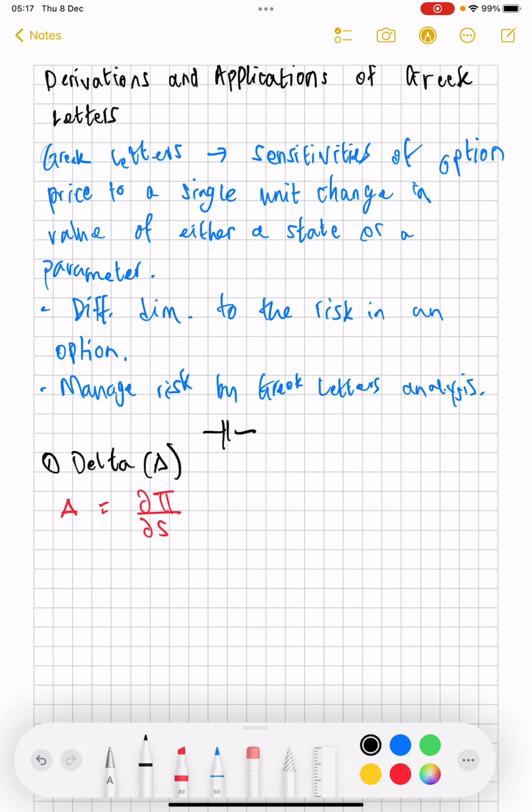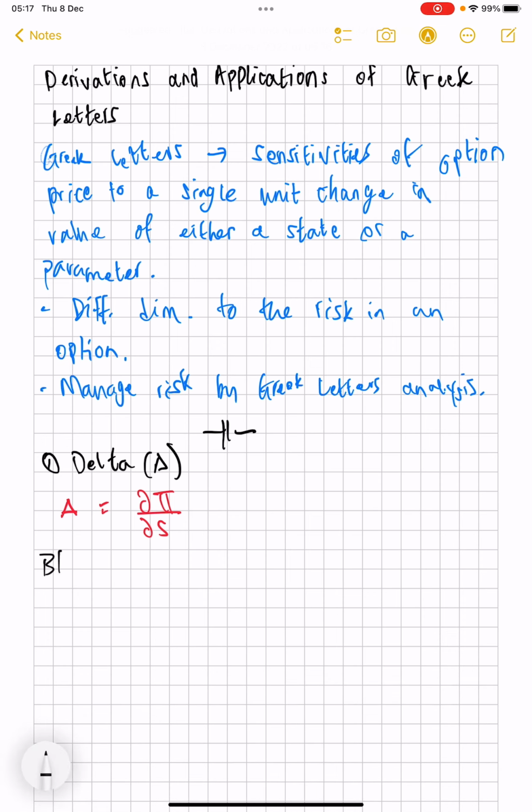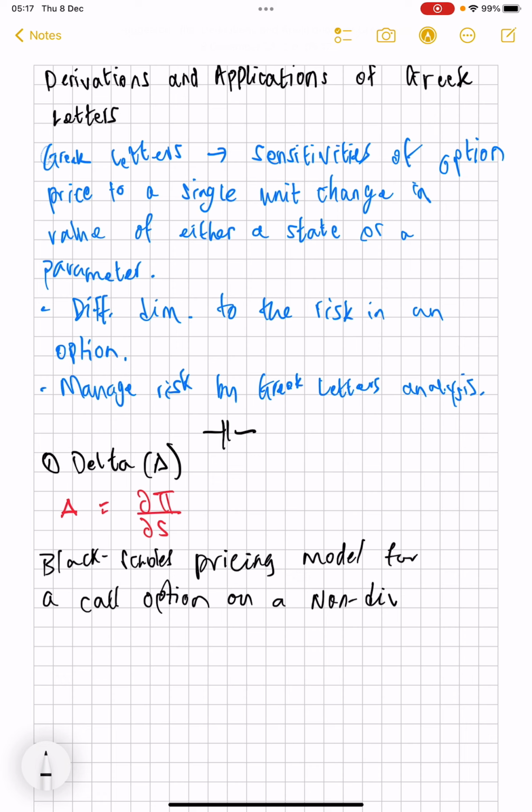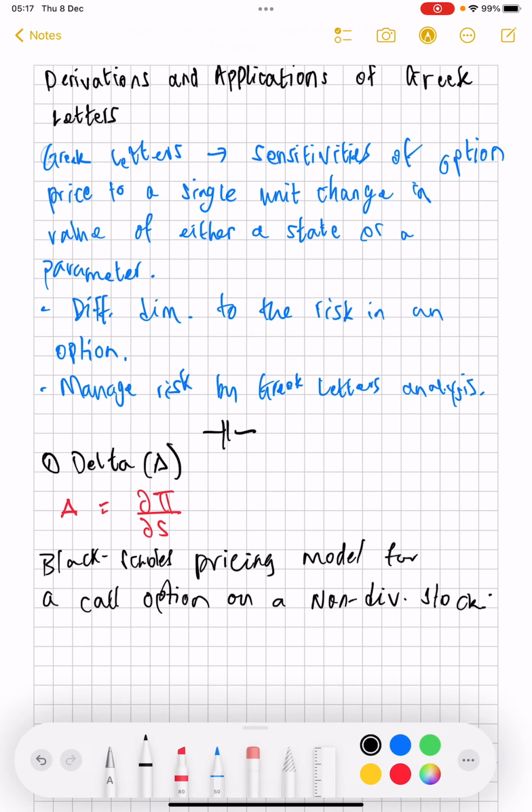I'll take an example: the Black Scholes pricing model for a call option on a non-dividend stock. So I'm going to write it here.